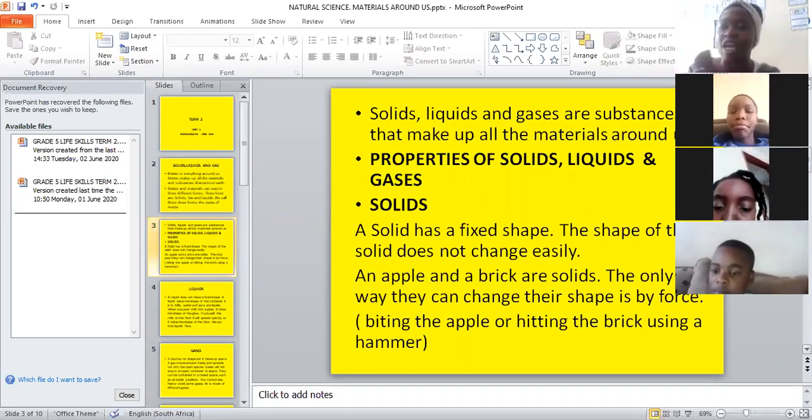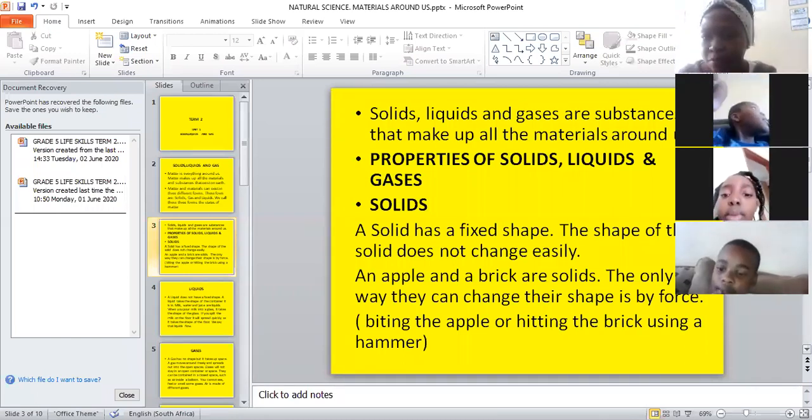Does it change easily? What is a solid? It's a hard type of shape or material. Very good. And then it has a fixed shape and it does not change easily, right? Easily break. Okay.